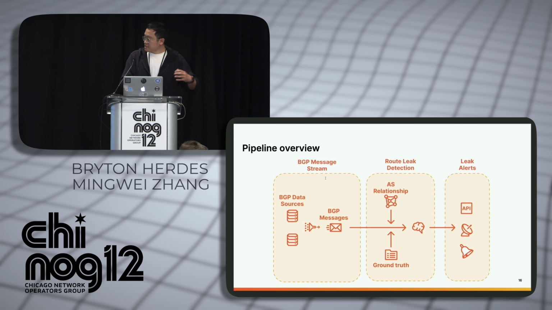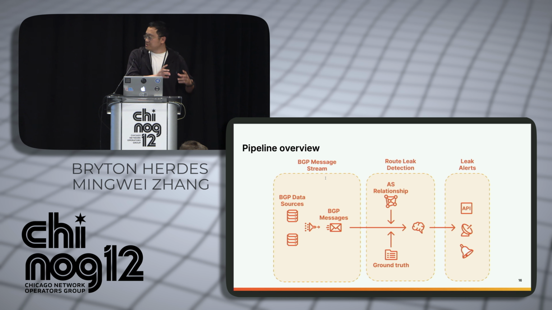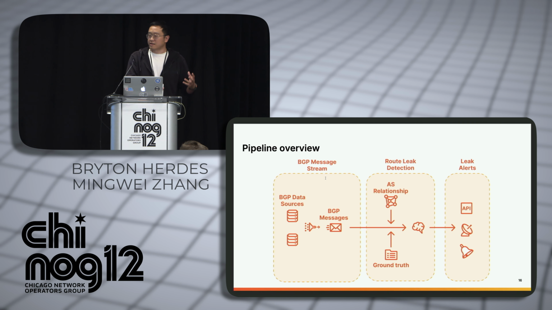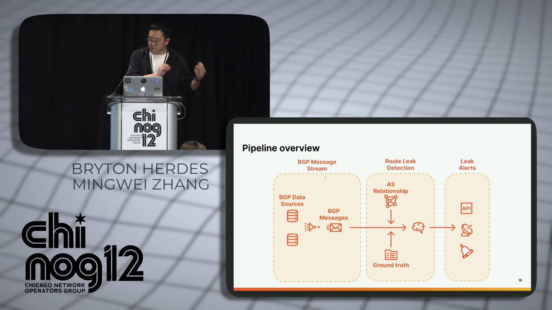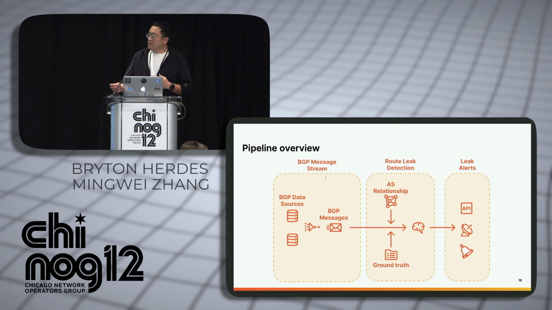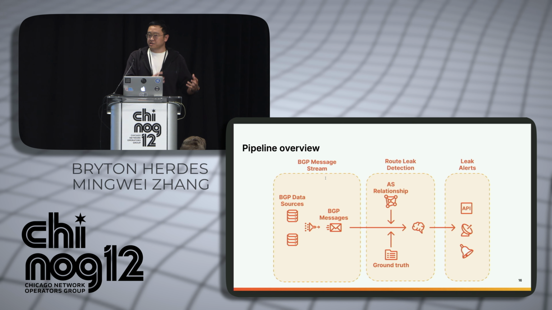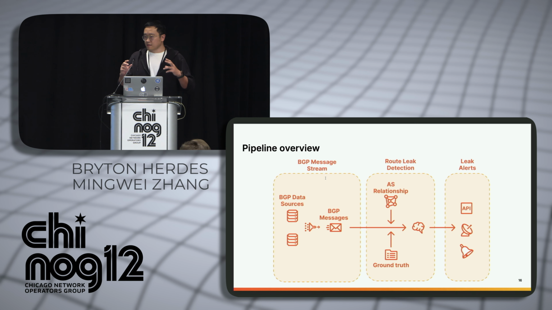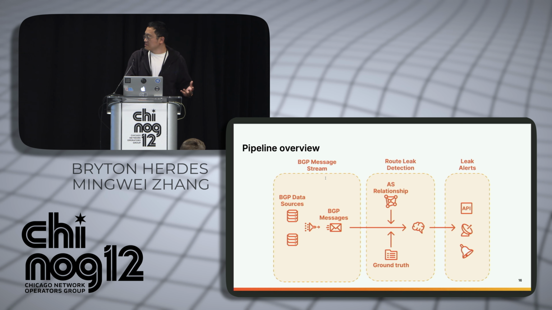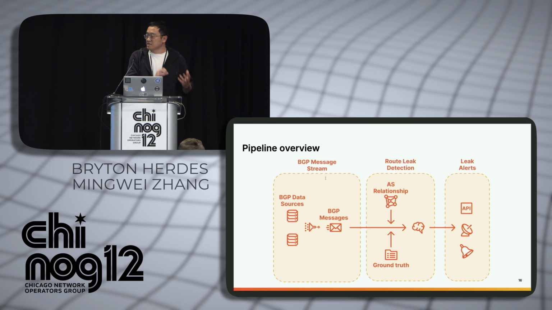And then we turn that into a stream of messages containing AS paths and community values, and ship it into the detection pipeline in the center, where we combine our inferred AS relationships. The emphasis is on inferred. I'll talk about why inference is the keyword here.